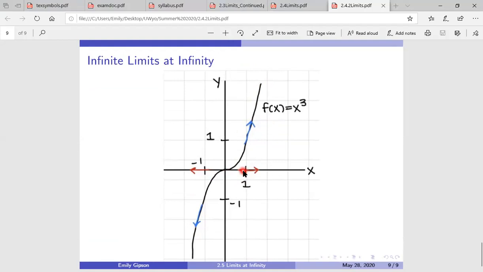And as I take x to go from 1 towards infinity, the value of my function goes towards infinity, which means the limit of f of x as x approaches infinity equals infinity. And we can see the converse is true also. The limit as x approaches negative infinity, going that way, goes towards negative infinity.